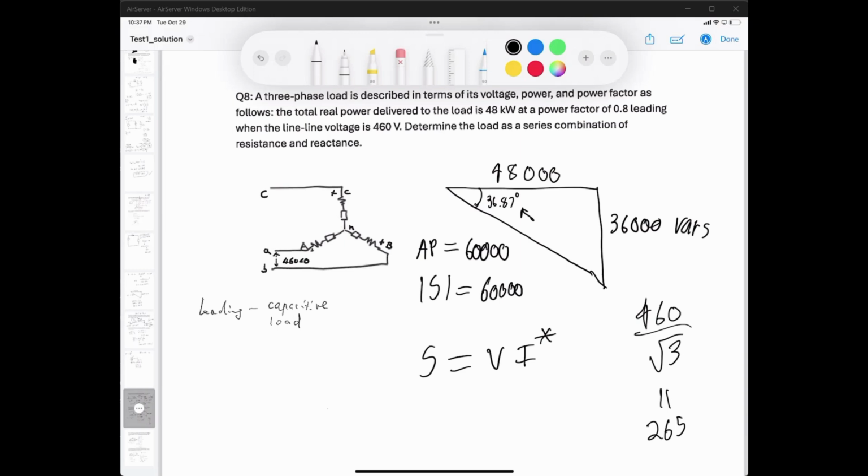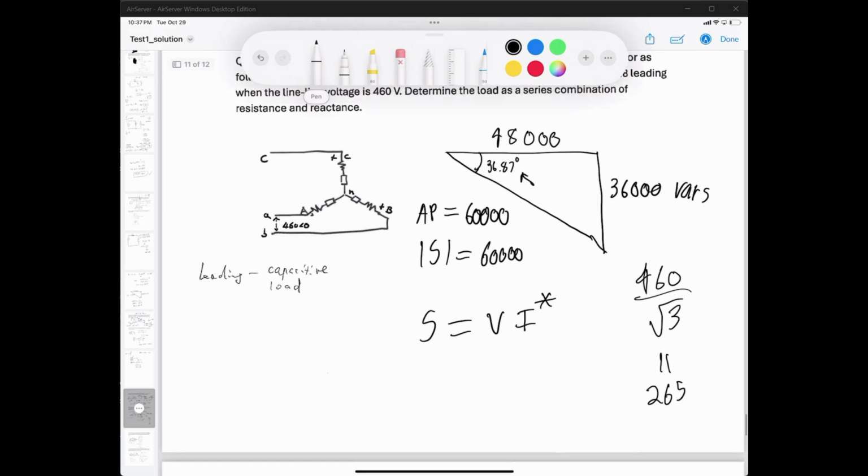We know that because that angle is the voltage angle minus the current angle, which is equal to the impedance angle. Okay, so 265 volts. We're not going to focus on the phase angle of everything, so we want to figure out the current so we can then find the impedance later on.